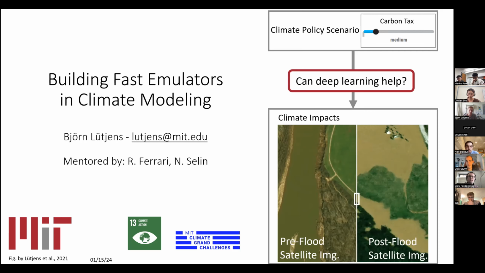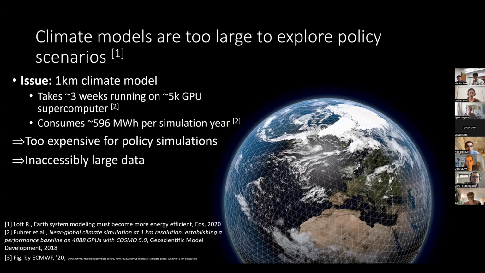Some of you might be aware that climate models are very expensive to run because they have so many components. For example, a couple of years ago, Fuhrer et al. tried to run a climate model at 2-kilometer resolution, and just simulating one simulation year took them 3 weeks on a 4,000 GPU node supercomputer, consuming the same electricity a coal power plant would have generated in an hour.